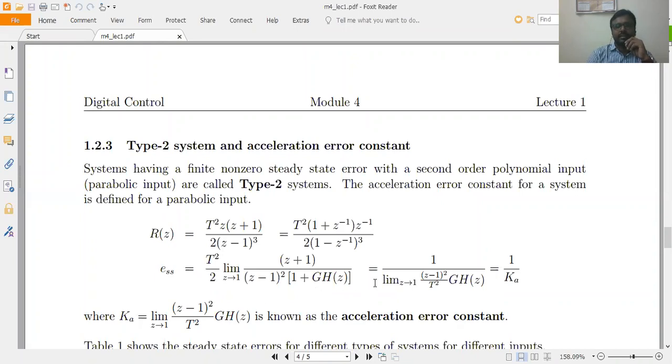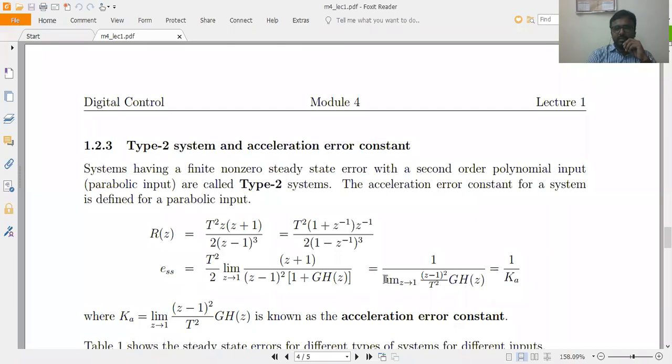And simply it can be rewritten as 1 divided by limit z tends to 1, z minus 1 whole square divided by T square into G into H of z.